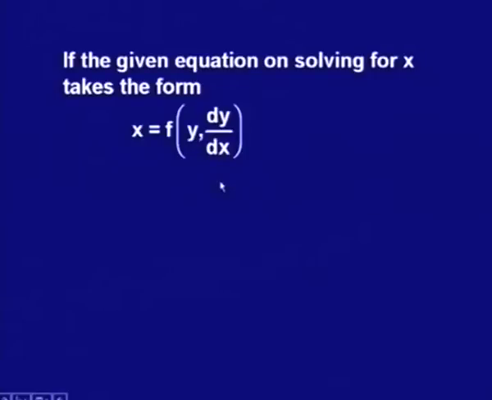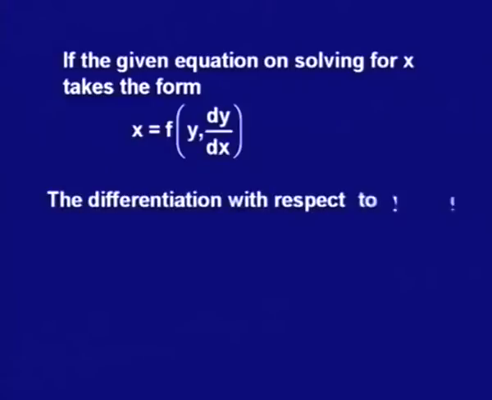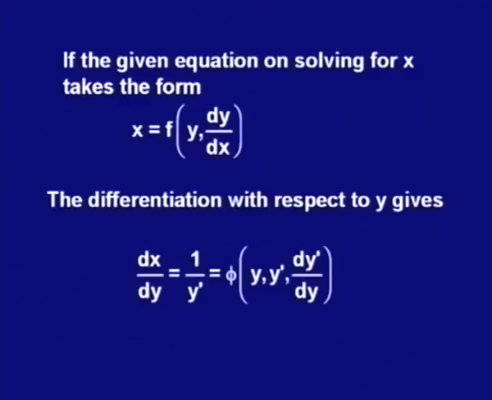If this is possible, we will differentiate this with respect to y. What we get is dx over dy, which we can write as 1 upon y dash as a function of y, y dash, dy dash over dy. Thus we are getting an equation which is again a differential equation.